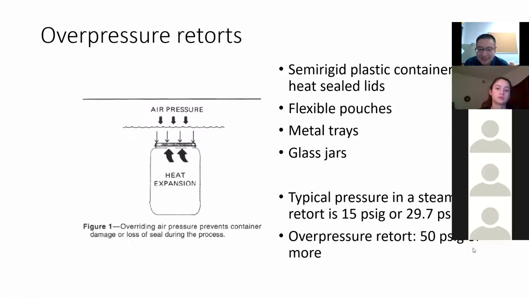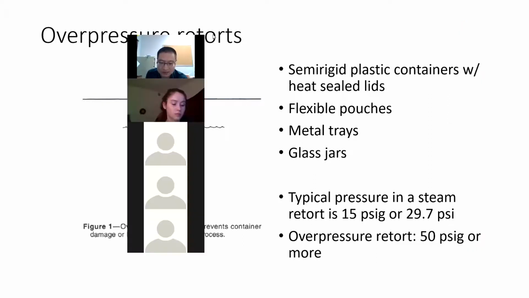So PSI stands for pounds per square inch. The G means the gauge. So 1 atmosphere is equal to 14.7 psi, and anything beyond that. When we talk about PSIG, it's really the difference between the pressure and the atmospheric pressure.